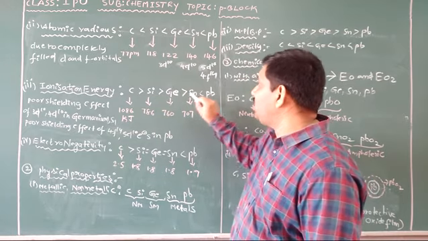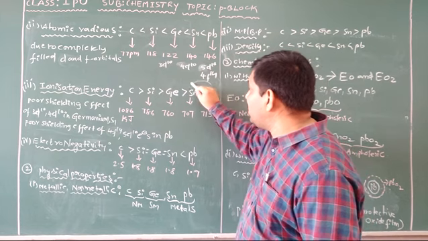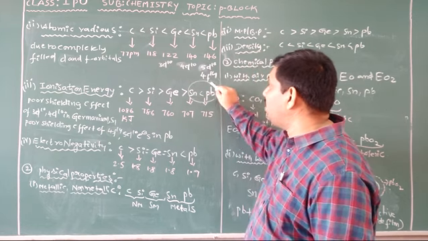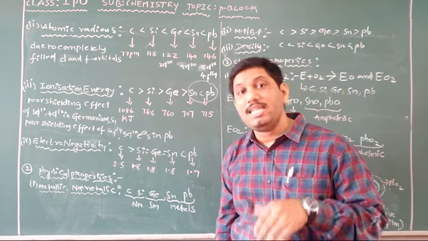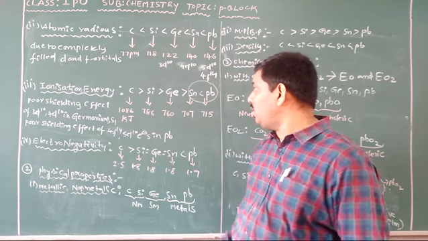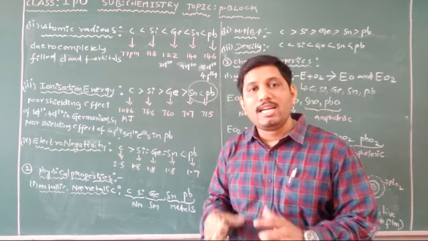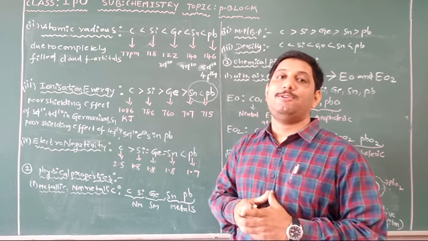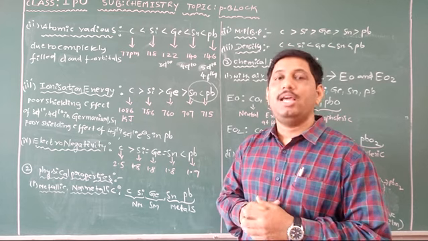From carbon to tin, as expected, the ionization enthalpy decreases. But from tin to lead, the ionization enthalpy does not decrease. Instead of decreasing, an increase is observed. That increase is also very small: 707 to 715, nearly 8 kilojoules only. That is not a significant increase of ionization enthalpy.